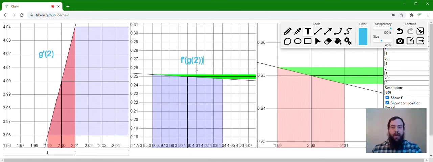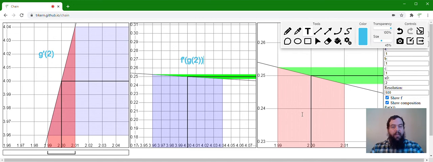The reason why we're looking around the number 4 is because 4 is g of 2. It's what we get when we plug 2 into our original function. And this f prime of g of 2 gives us the size multiplier for these ranges. We're multiplying the size of this range by f prime of 4, or f prime of g of 2, which is, as we calculated, negative 1/16.